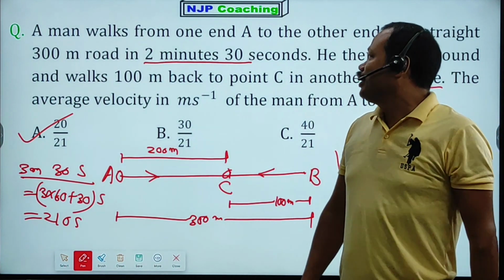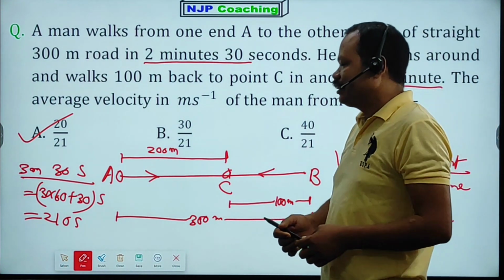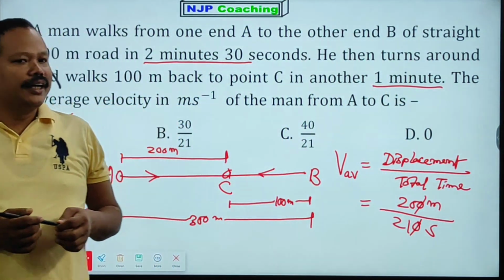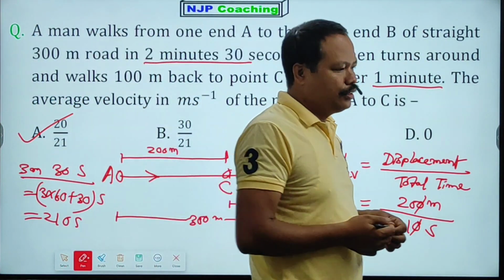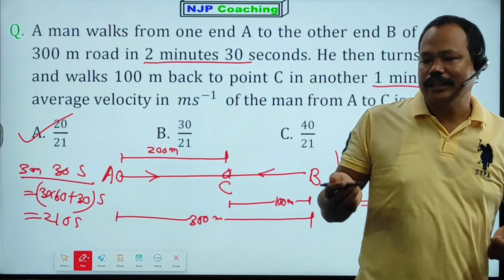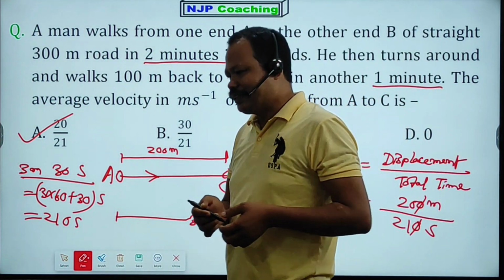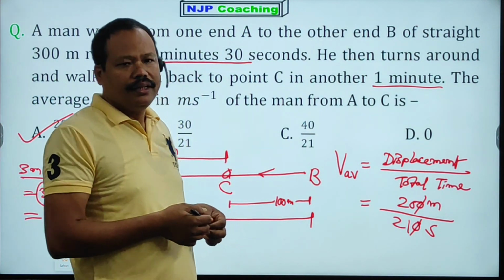A man walks from one end A to other end B of a straight 300-meter road in 2 minutes 30 seconds. He then turns around and walks 100 meters back to point C in another 1 minute. So total time taken is 2 minutes 30 seconds plus 1 minute equals 3 minutes 30 seconds. And 3 minutes equals 3 into 60 seconds, that is 180 seconds plus 30 seconds, 210 seconds.